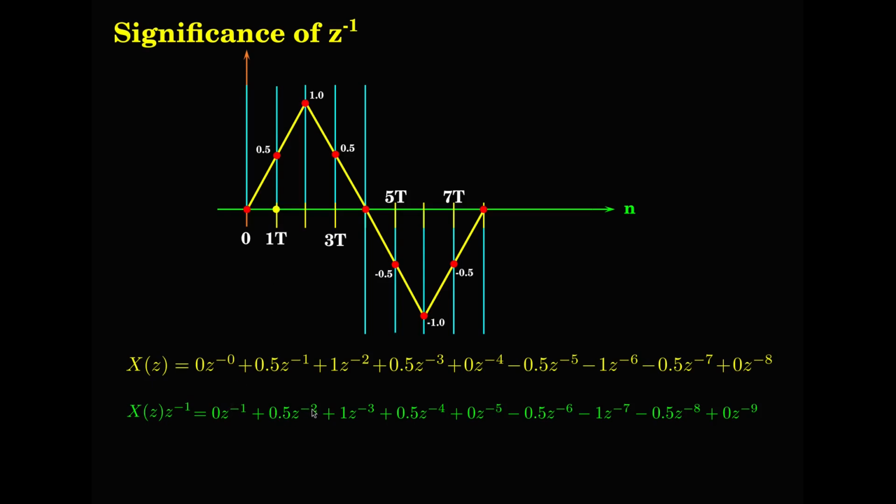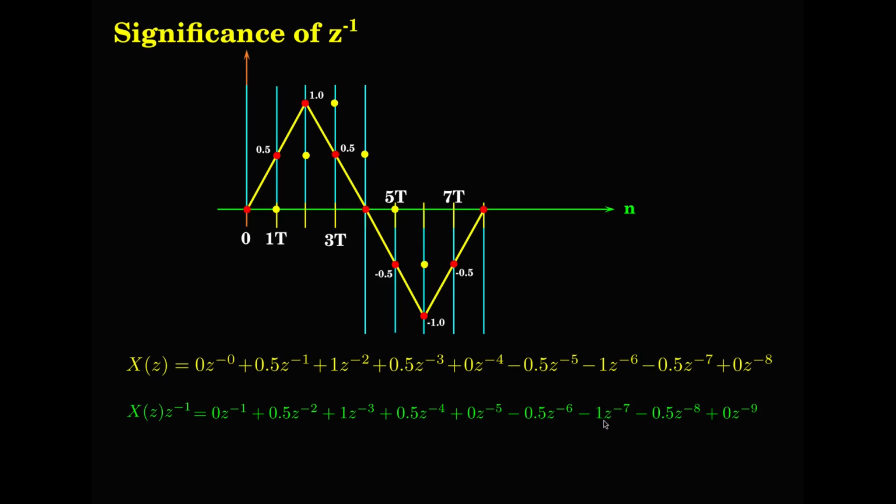Then at sample time 2T it is 0.5. At sample time 3T it is 1. So this is 3T, it is 1. Then sample time 4T, it is again 0.5. So place that there. Then 0 at sample time 5. Then minus 0.5 at sample time 6T.